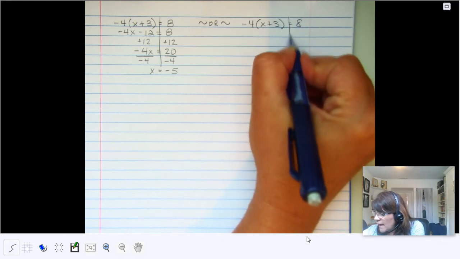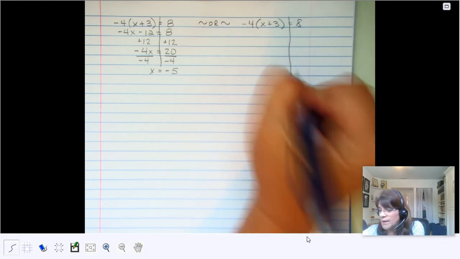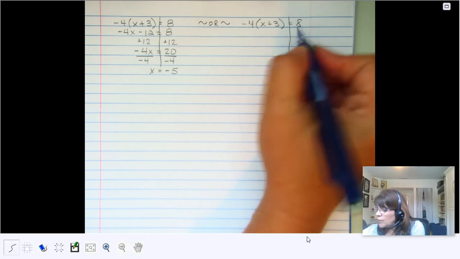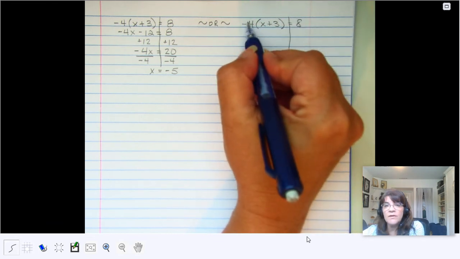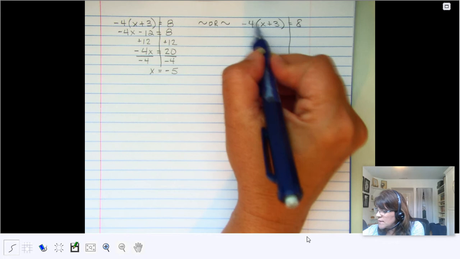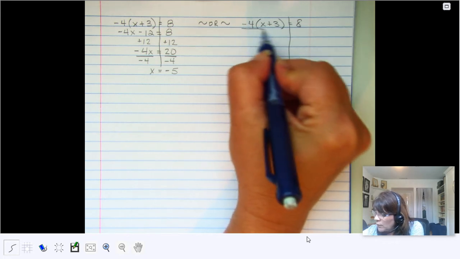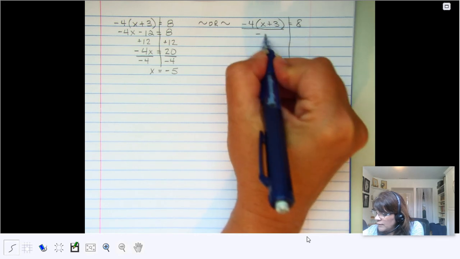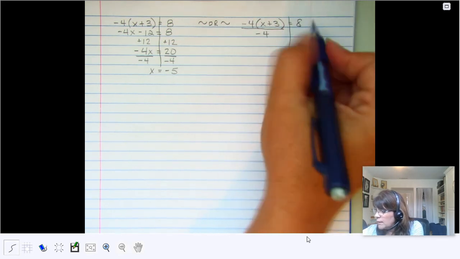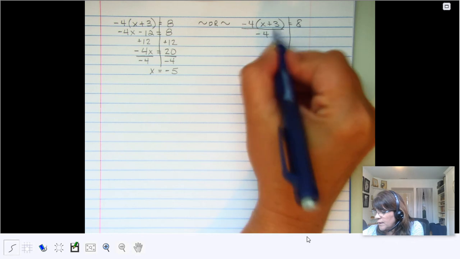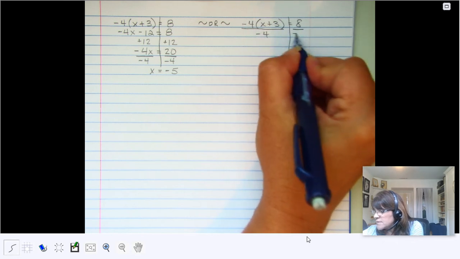If you notice that, or if you check it real quick on a calculator, you can get rid of this without even distributing it. Instead of multiplying this whole thing by negative 4, we're going to divide by negative 4. And if we divide this side by negative 4, we need to divide this side by negative 4.